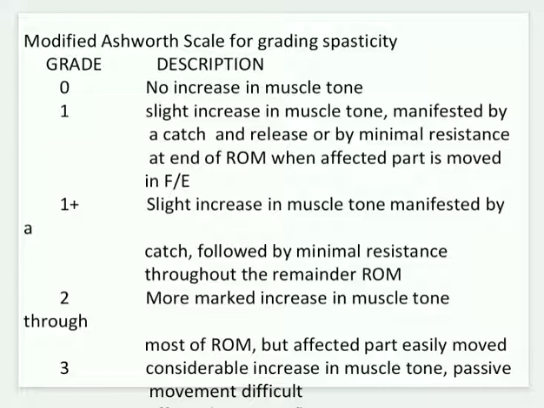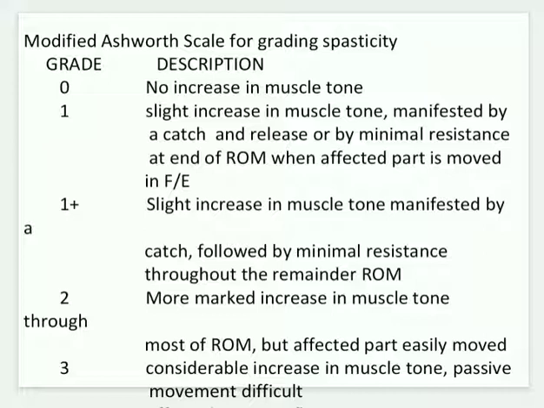Grade 1 plus is a slight increase in muscle tone manifested by a catch, followed by a minimum amount of resistance throughout the range of motion, that is minimal movement of the limb.